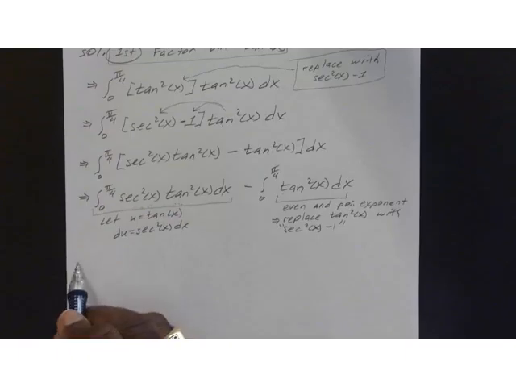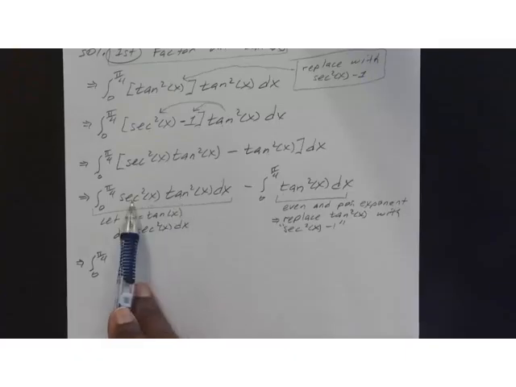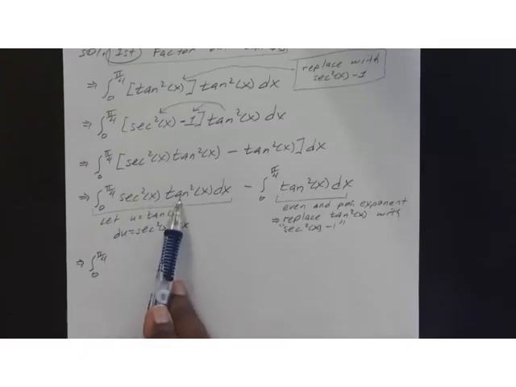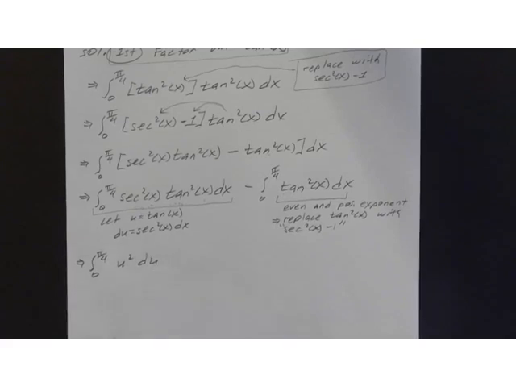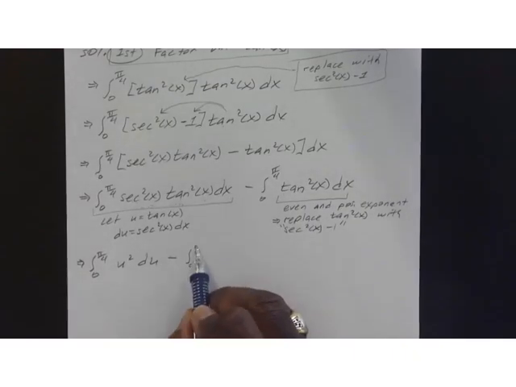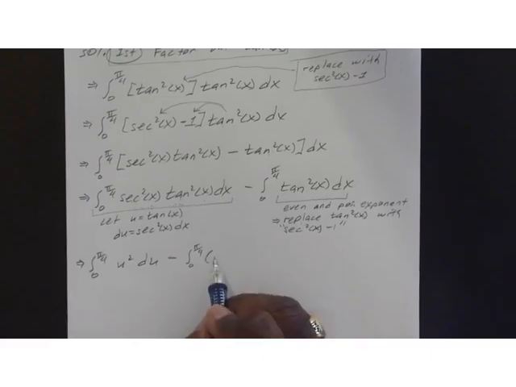So this first term, the integral from 0 to pi over 4, if you switch these around, you'd have tangent squared times secant squared dx, or u squared du, minus the integral from 0 to pi over 4. We're going to replace tangent squared with secant squared minus 1.